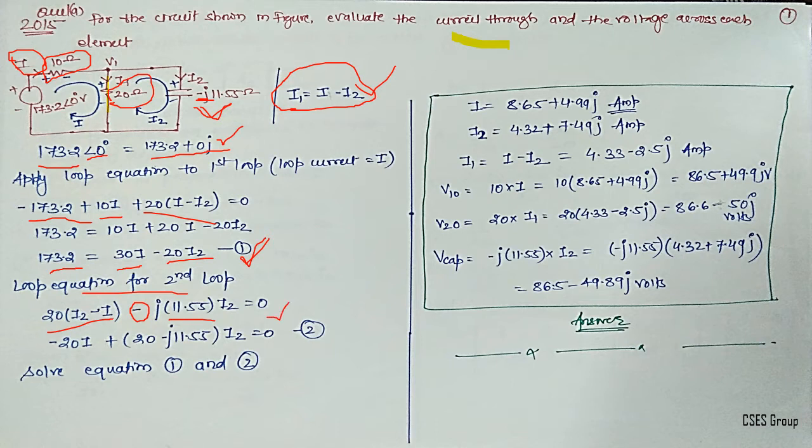Simplify it and you will find minus 20I plus (20 minus j11.55) I2 equals 0. So that's equation number 2. Two linear equations and two unknowns, so you can simply calculate the currents out of it.